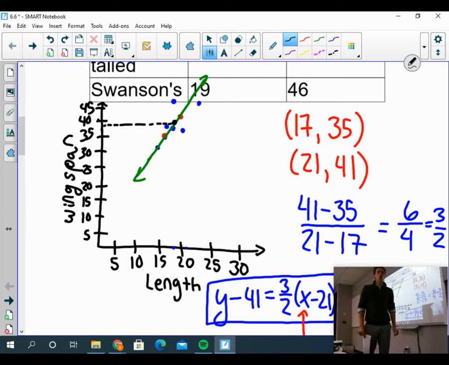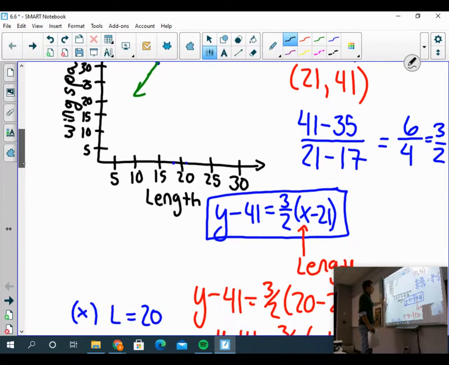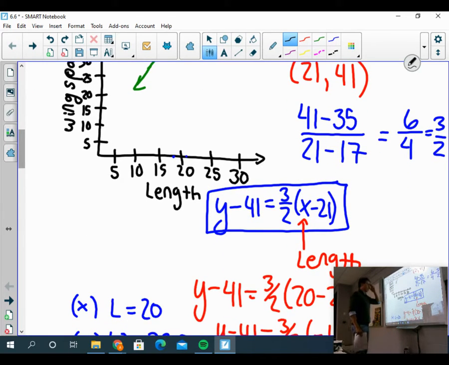Maybe it's hard for you to wrap your brain around, but to kind of talk you through and summarize, we made a scatter plot. And then we said, you know what? Using our knowledge of lines, we could create a line of best fit for our scatter plot using 2 points as an estimate. And so we did that. We came up with y minus 41 equals 3 halves times x minus 21.